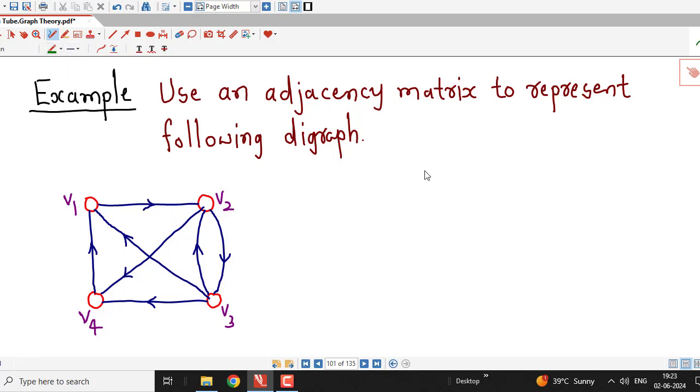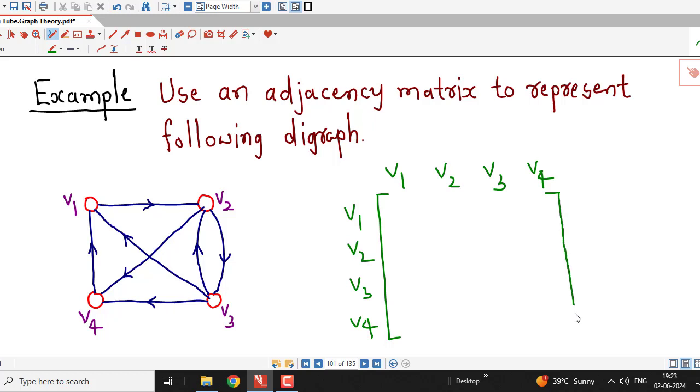So for that, suppose we are choosing this order of vertices V1, V2, V3, V4. Here I write V1, V2, V3, V4, and keep in mind that our graph is a directed graph.